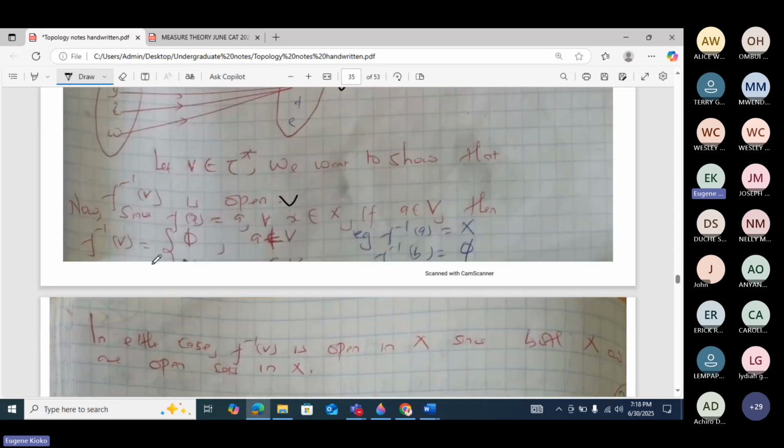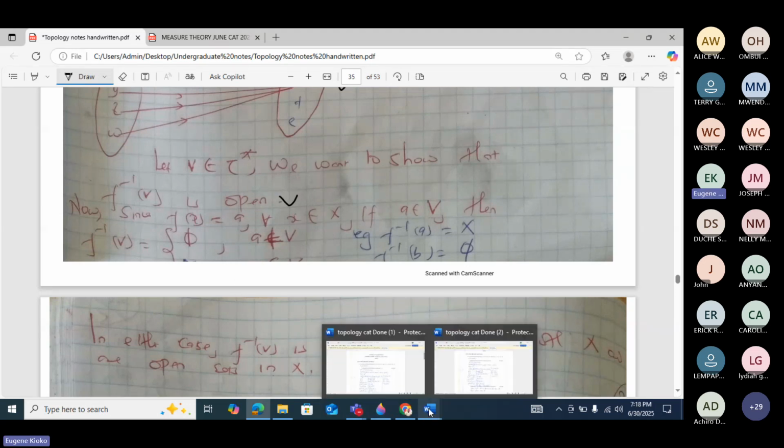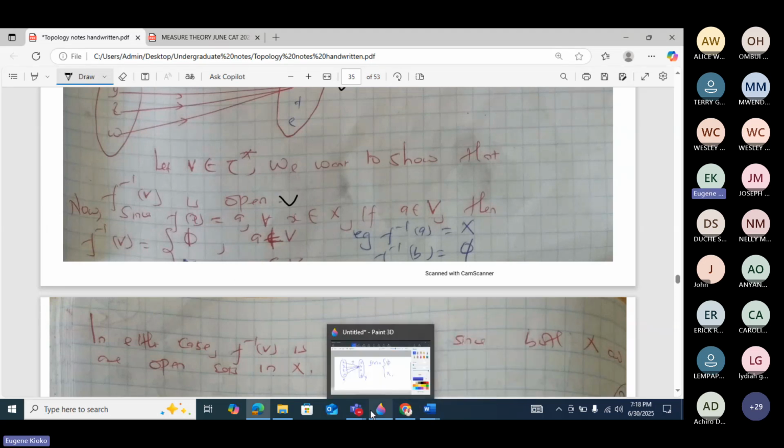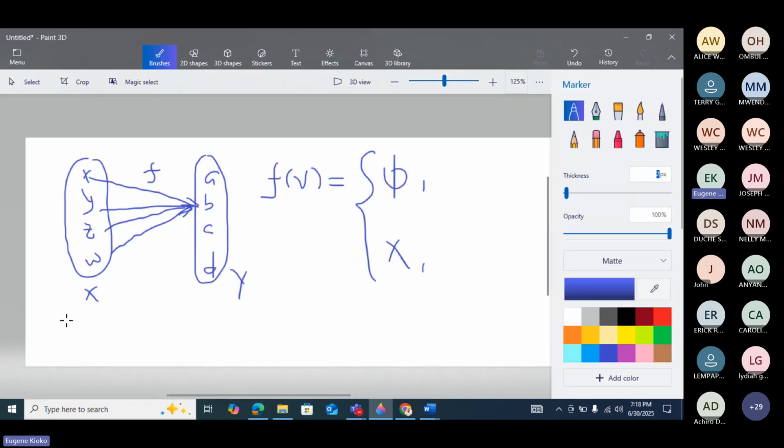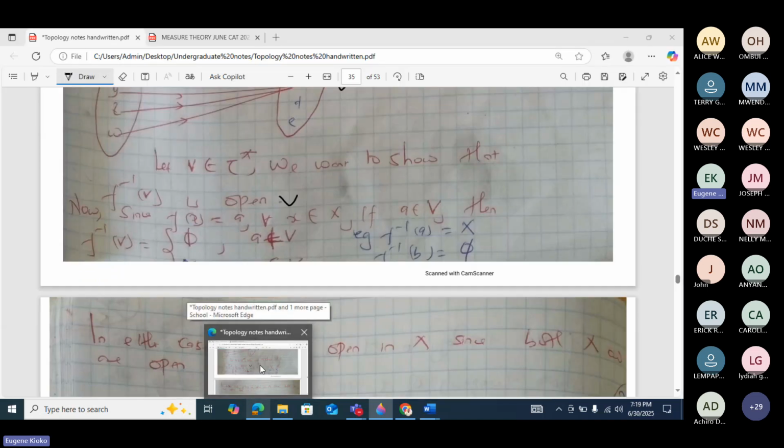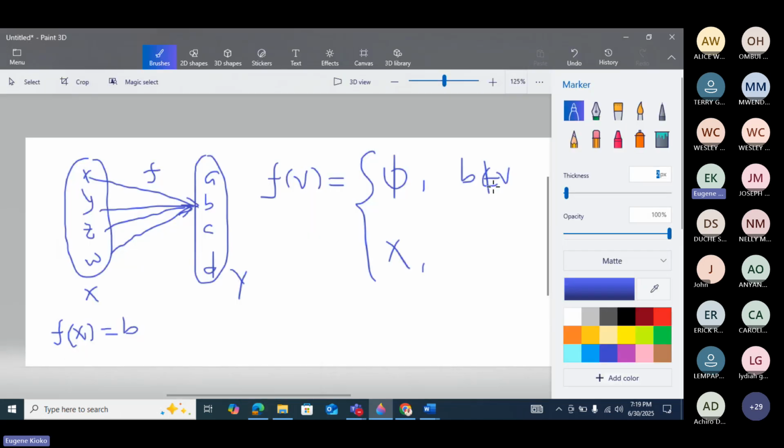So you can see here, you can only get empty if, of course, here we are told all values, everything is mapped to B. That is, you get empty if B is not a member of V. If B is not in V, should be the reverse.